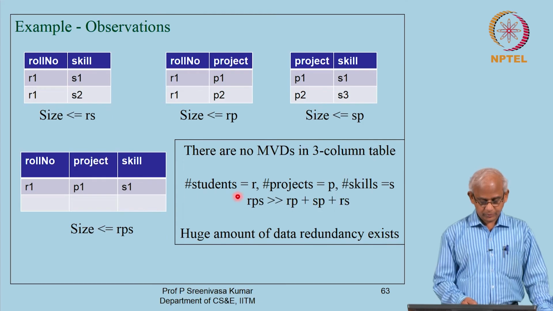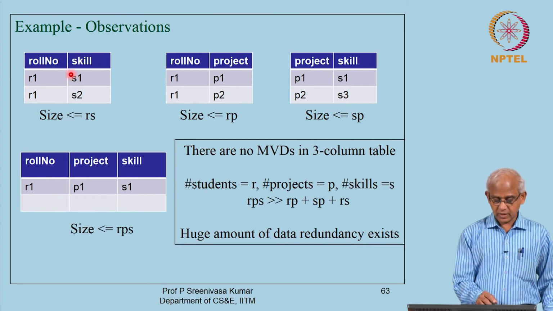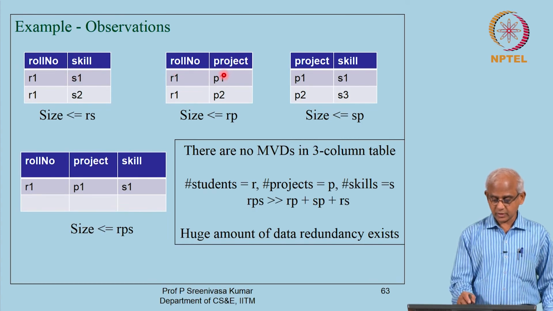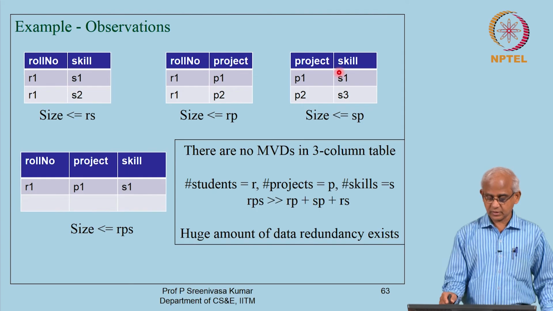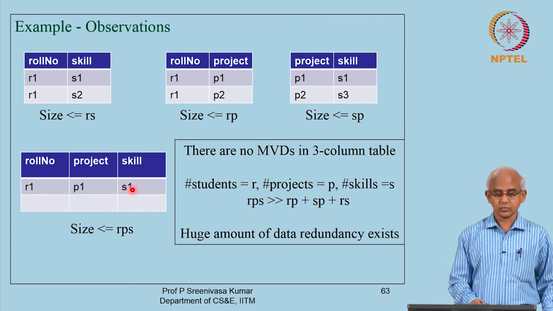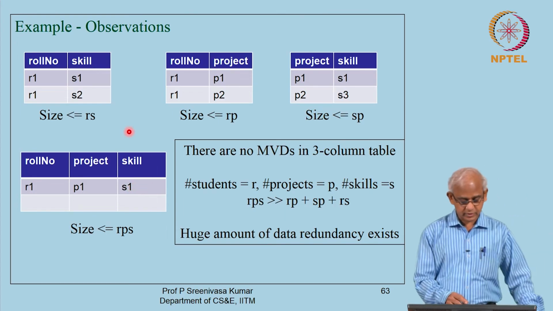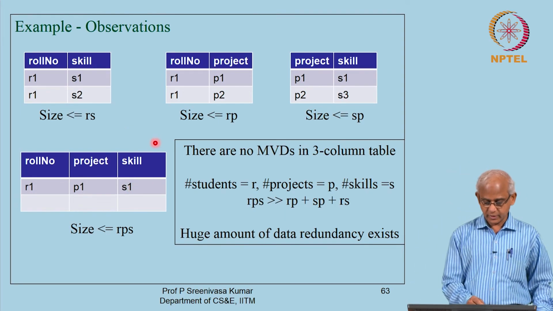And because of this requirement that if a student has a particular skill and is interested in a particular project and that project requires that skill, then that combination must exist here, R1 P1 S1 must exist here. That is the condition under which we are operating.